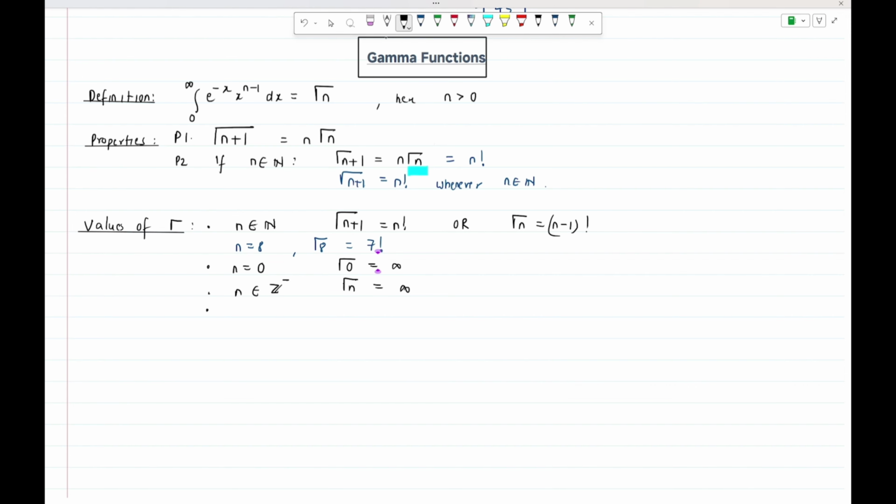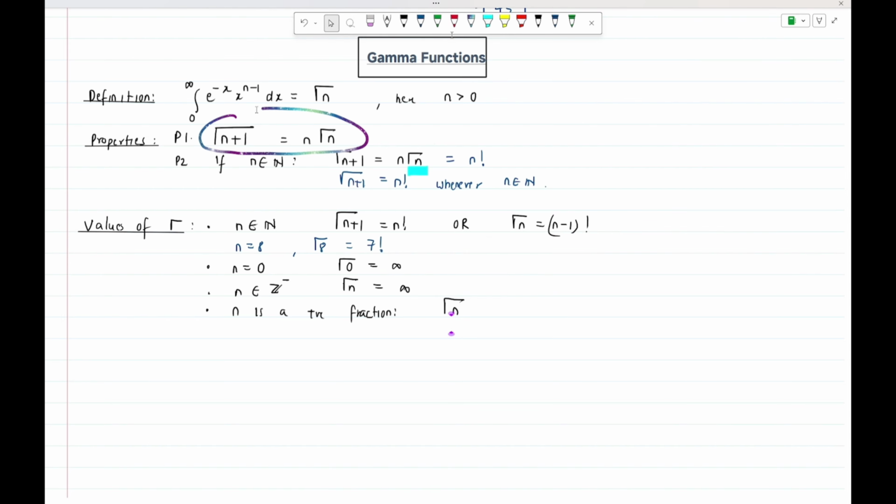Now the fourth one is a very interesting property and you are going to use it very often, so I want you to pay a little attention over here. Suppose n is any fraction which is positive. In this case, we are going to evaluate gamma n using property 1, which says that gamma of n plus 1 is equal to n times gamma of n.